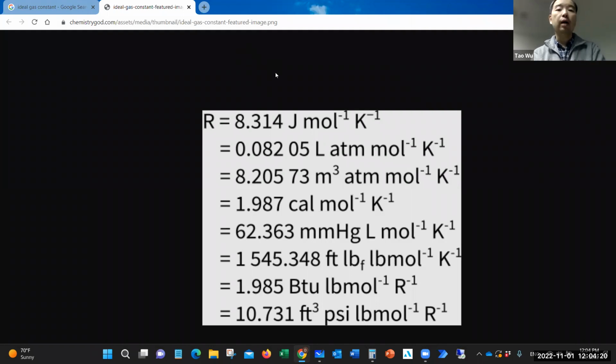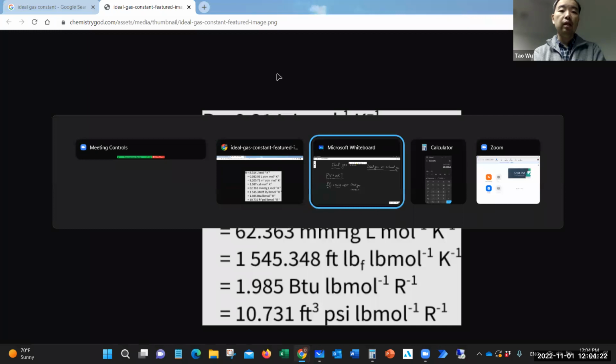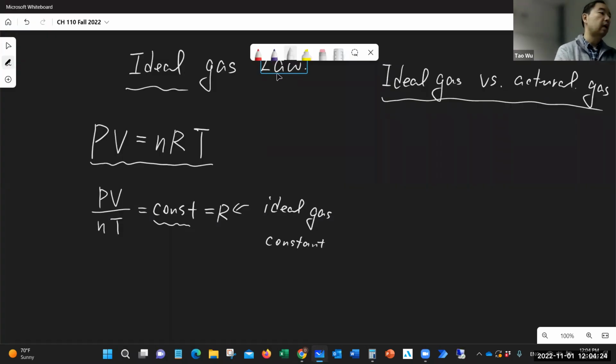So here, the ideal gas constant we're using is 0.08206. And remember the unit is atmosphere times liter divided by Kelvin and divided by mole.